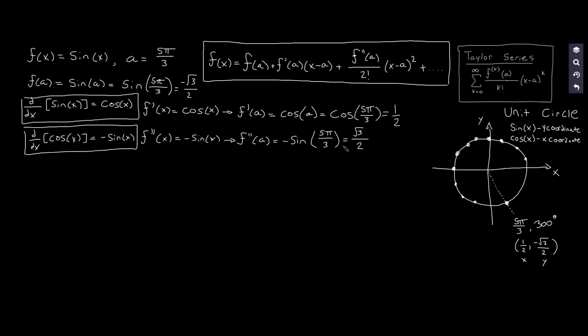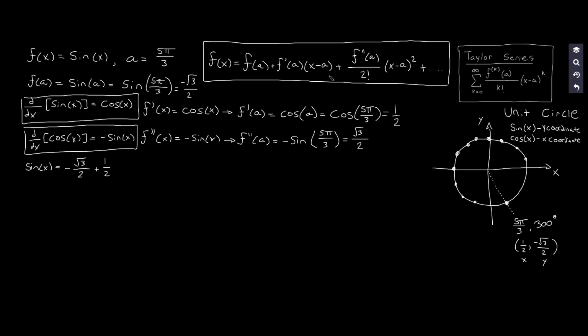At this point, we got everything we need to put into the formula up here. So f of x, which is equal to sine of x, equals f of a, which we found to be negative root 3 over 2, plus f prime of a, which is 1/2, right? 1/2.